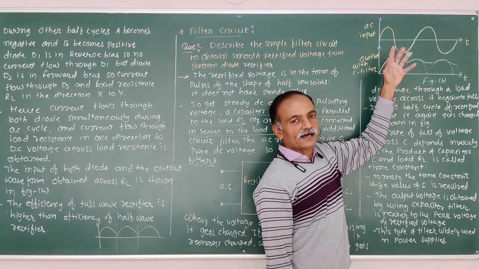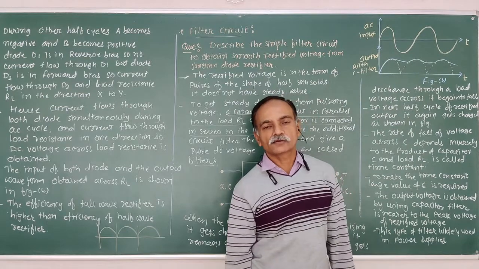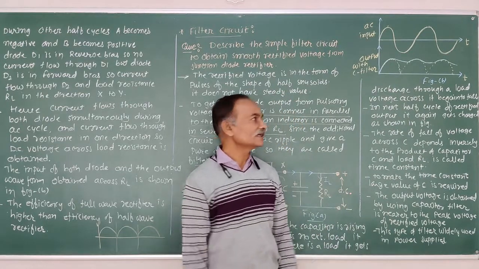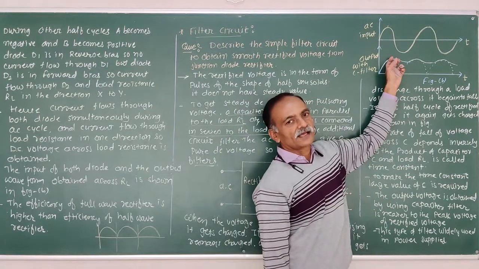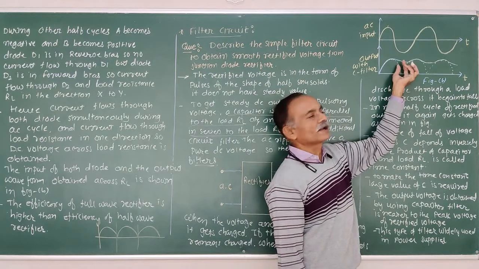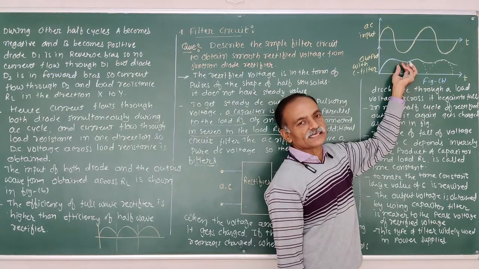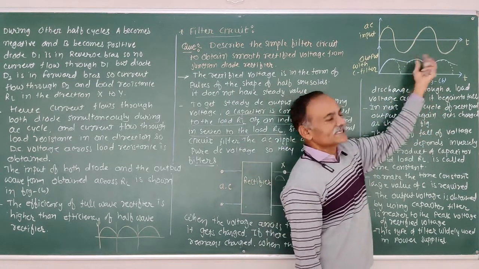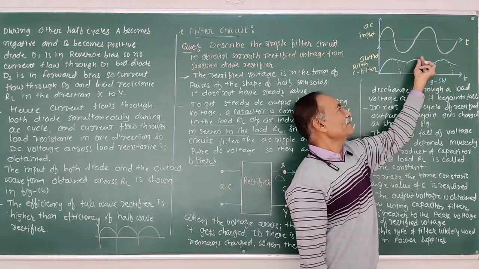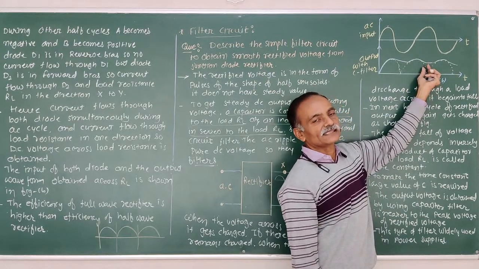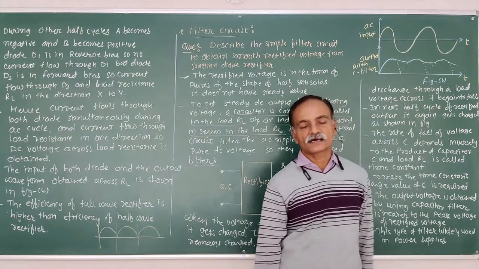In the absence of an external load, it does not discharge, so its voltage remains constant. When the external load is connected, it starts to discharge and its voltage decreases. In the next half cycle, the voltage of the capacitor again increases and then again falls.